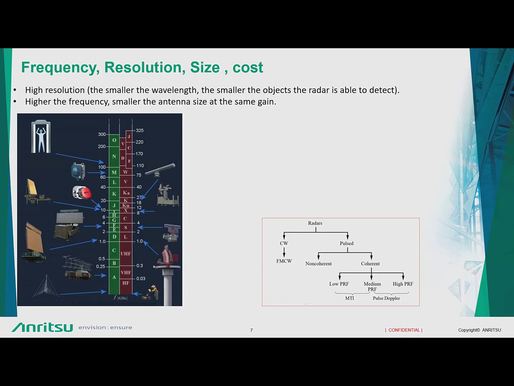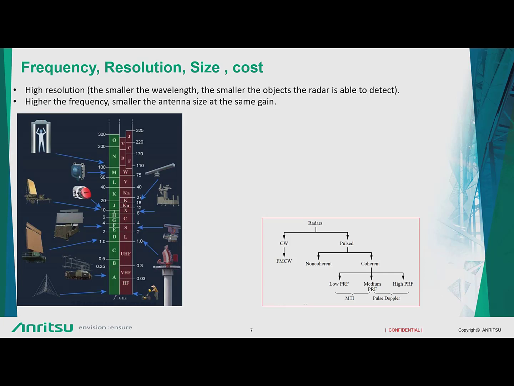And depending upon the PRFs, the pulse repetition frequencies, or you can call them pulse repetition intervals as well, and based upon the duty cycle, the pulse width, the applications are humongous. So what kind of radar measurement system you are trying to make, it will have different applications.